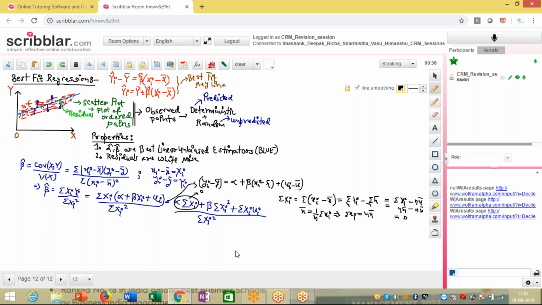Now observe that after this becomes 0, summation xi square cancels out, and what I'm left with is beta plus summation xi ui by summation xi square, right?